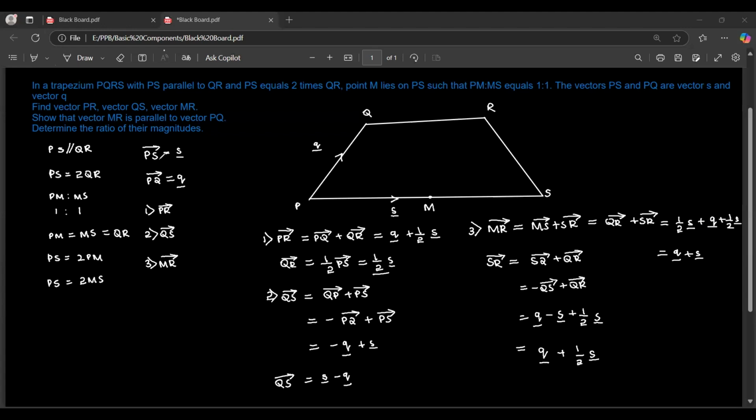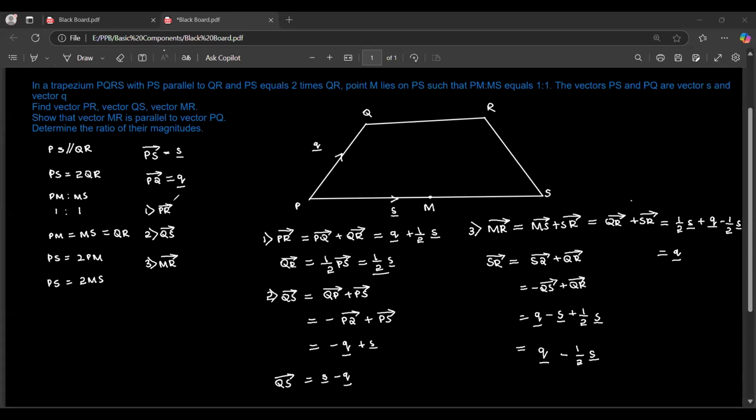SR, did we find out? Yeah, SR we found out here. Minus half S is right here. Yeah, we made a careless mistake. So we had to change a little bit here. This will be minus half S. So we will get Q instead of Q plus S.